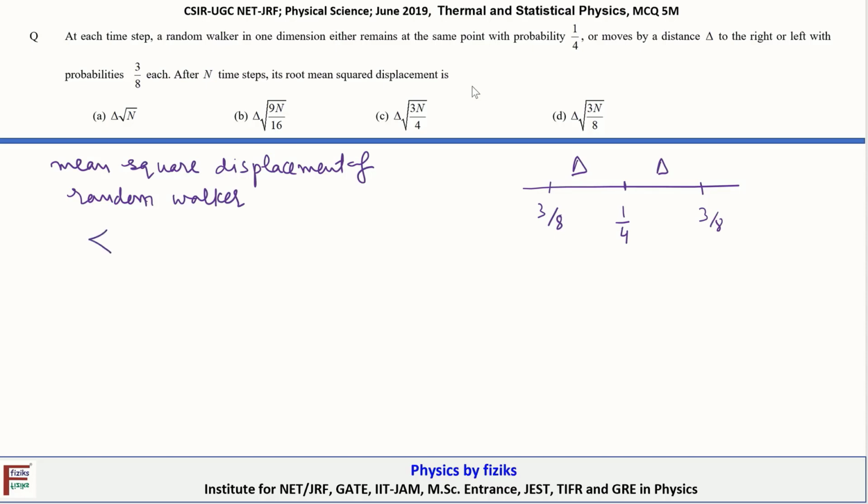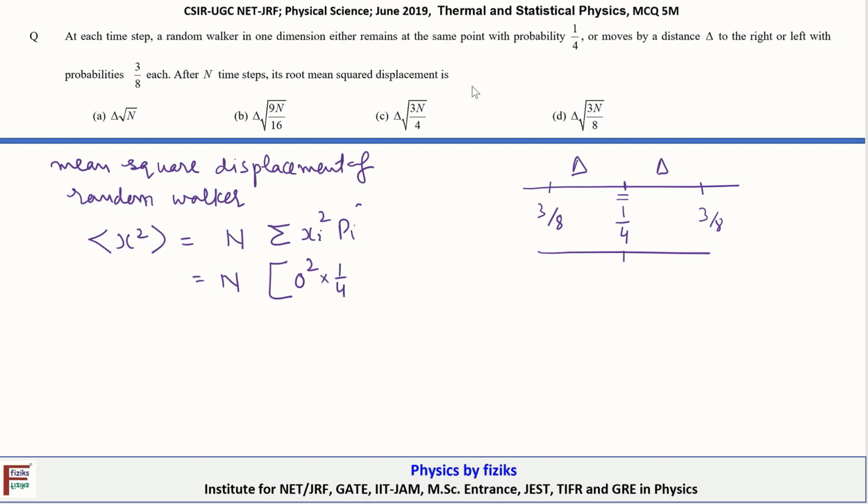It is given by n times x square average, because we are having n such steps. So this is equal to n, and then because we are having three different probability values, we will have three terms. If the walker is at the same position, then x will be 0 here, so 0 square multiplied by the corresponding probability, which is 1 by 4.